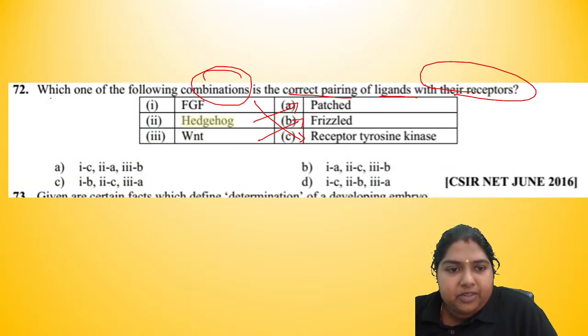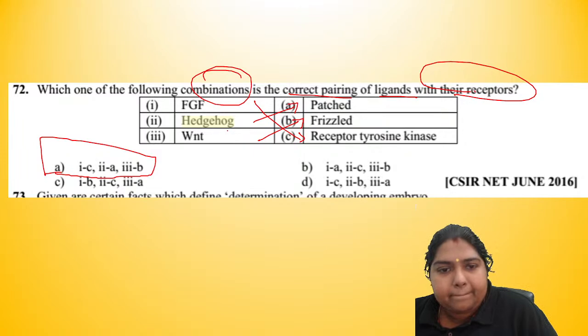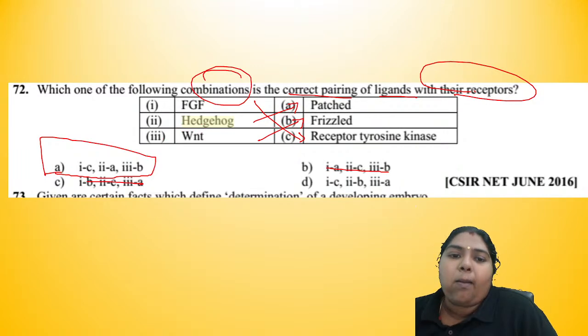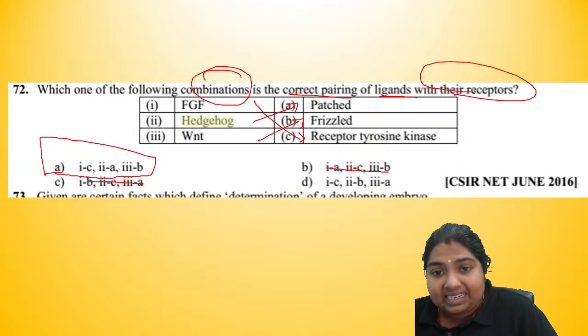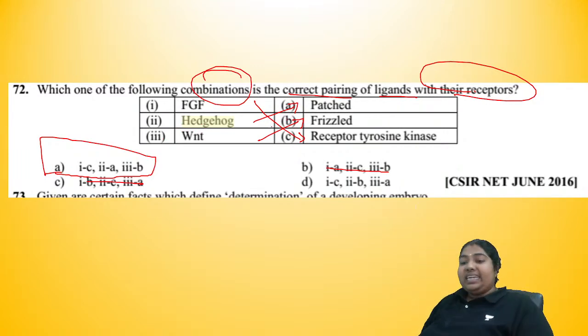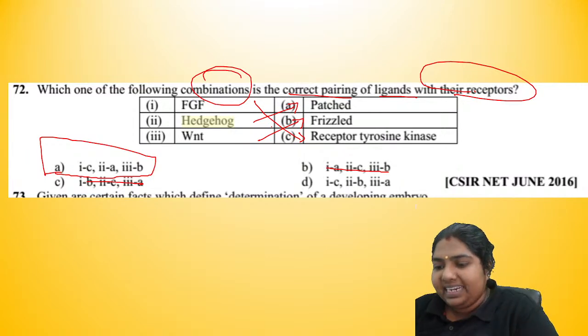Yes. Absolutely. Correct only, no? Yeah. So the correct option is going to be A. Correct. FGF is RTK. So by that only these two are eliminated. Right. And Hedgehog is going to be Patched. Just now we saw Hedgehog is going to be Patched. Wnt and Frizzled.